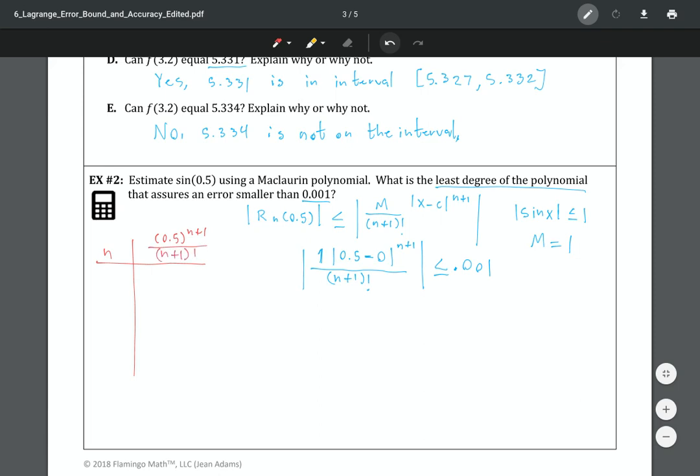So you can write it as a table if you want to put that as y equals and just go n, start with 1 and then 2. Let's see, if I put a 1, this is what I get. So basically my goal here is to get a number smaller. It has to be less than 0.001.